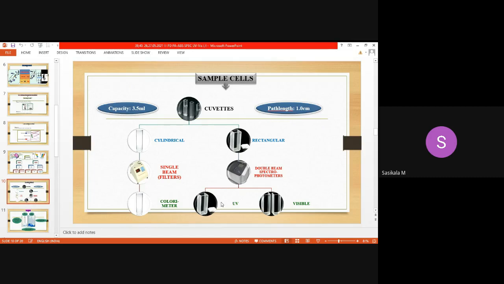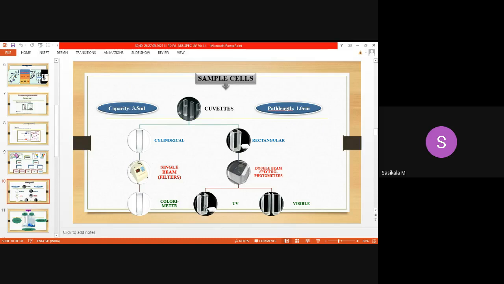Two types of cuvettes are used in double beam instruments: one is the quartz cuvette, another is the glass cuvette. Quartz cuvettes are used for UV, whereas glass cuvettes are used for visible. It is made with quartz because glass will absorb UV radiation, causing loss of radiation energy, and it will interfere with the absorption result of your sample. To get an accurate result, we need to use a quartz cuvette, where the 2 surfaces in a rectangular cuvette are coated with quartz.